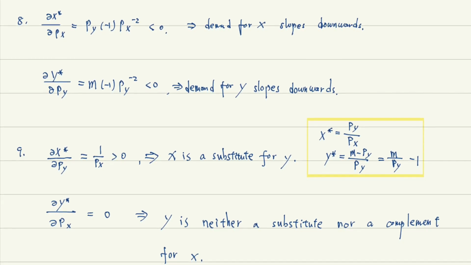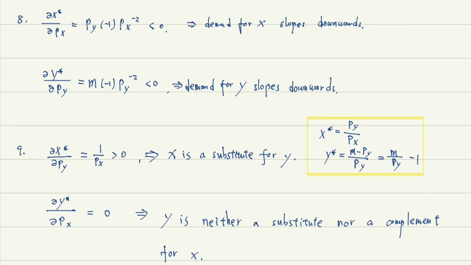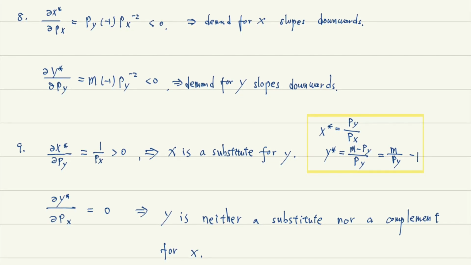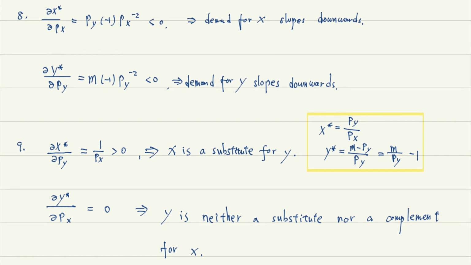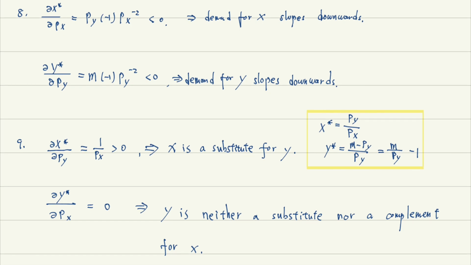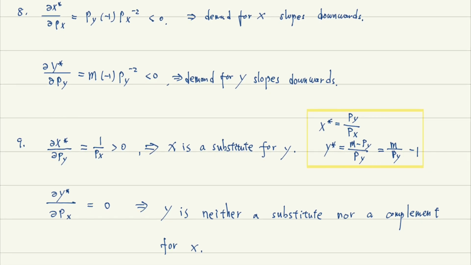We take the partial derivative of x and y with respect to the other good's price to get the cross price effect, which tells us whether they are substitutes or complements.